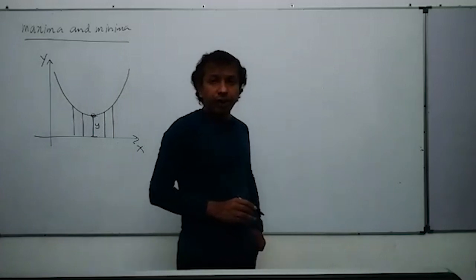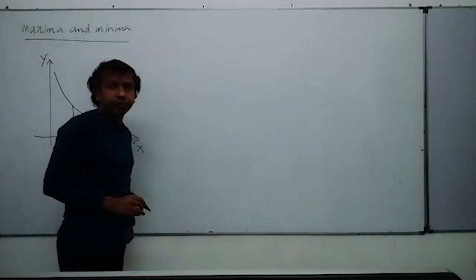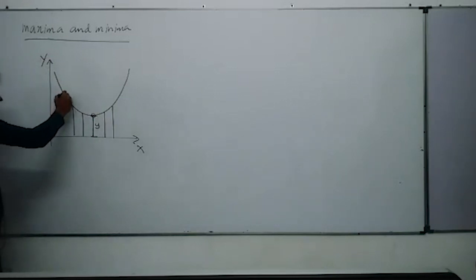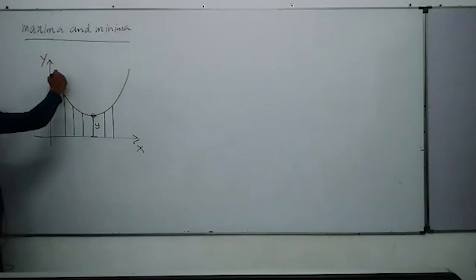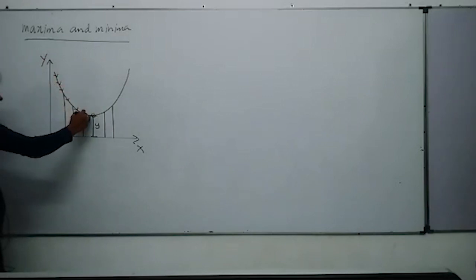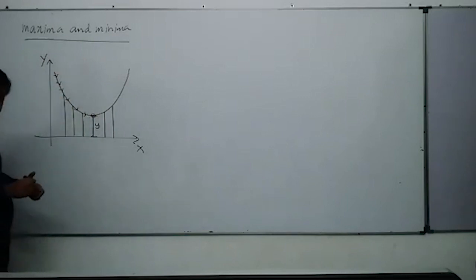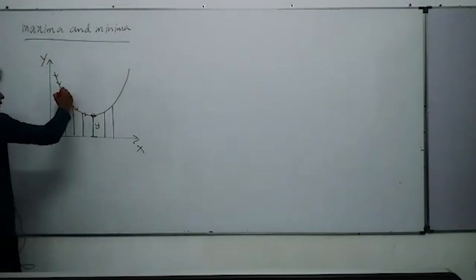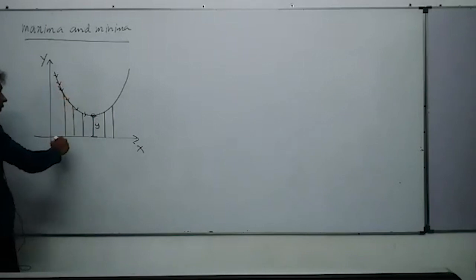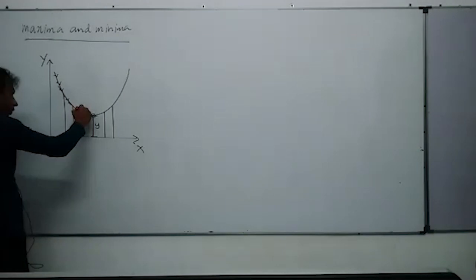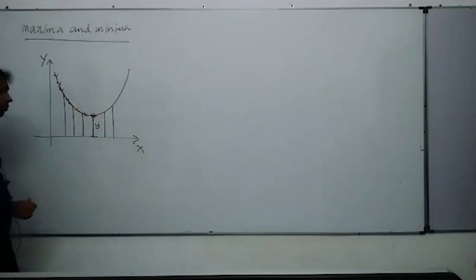Now, if we consider constructing tangents while moving along the curve like this. We construct tangents to this curve. See here, somewhere here when we construct a tangent, the tangent line is this. Somewhere here, the tangent line is this.